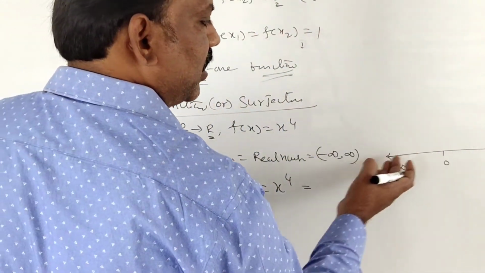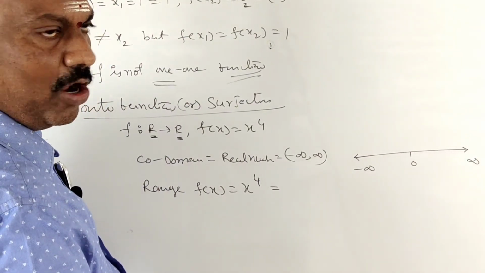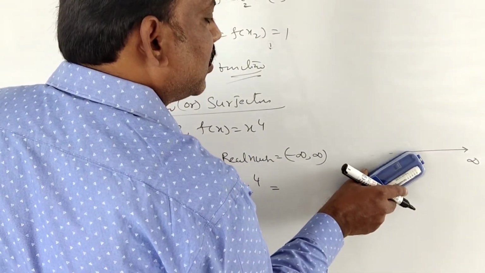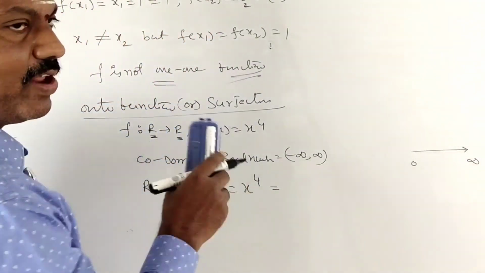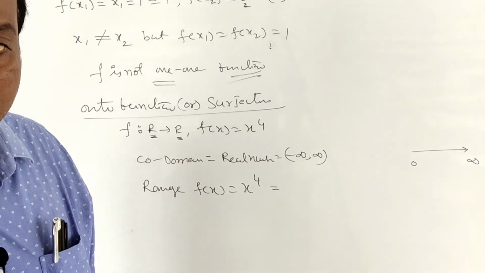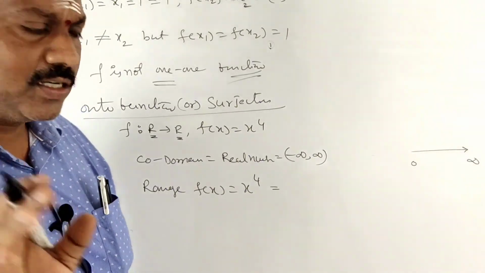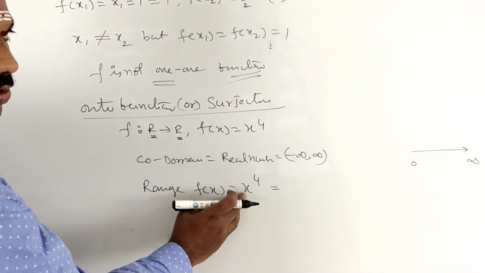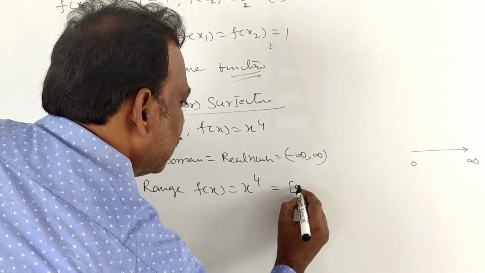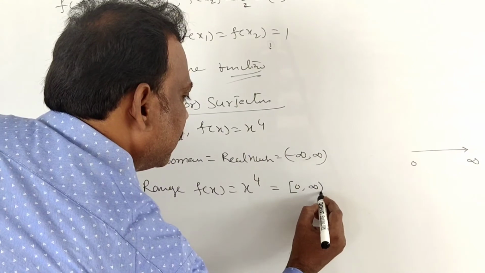I am giving inputs, all inputs here, but in the output we don't have negatives. Why? Because there is a whole power 4, even power. That's why you are getting only positive outputs. Only positive real numbers you will get as output. Correct, students? Whatever input you give, you won't get negative values. That's why your range is 0 to infinity.